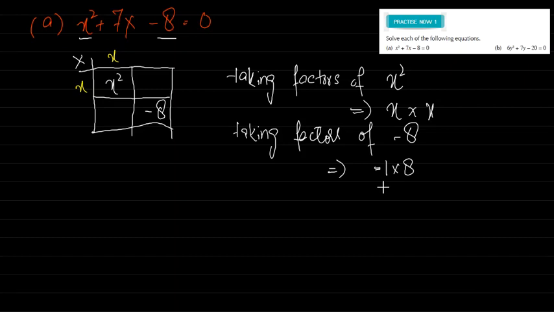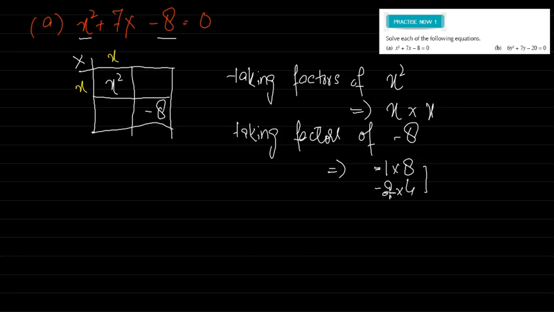It can be minus 2 into 4. And all the factors can simply be inverted, like minus 1 into 8 can be 8 into minus 1, it can be minus 8 into 1, but mainly these will be the major factors.